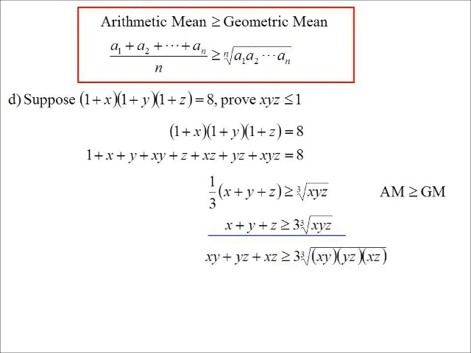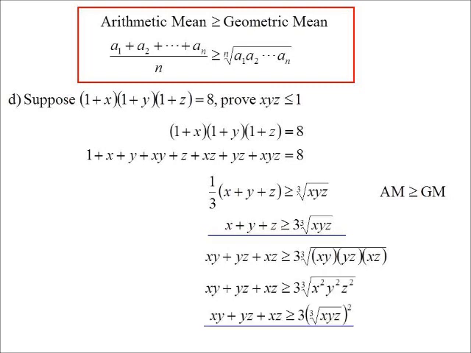So instead of x I'm going to have xy, instead of y I'm going to have yz, instead of z I'm going to have xz, which means on the right hand side I'll have the cube root of xy times yz times xz. They're just pronumerals. I can replace x with xy, that's fine. So we get 3 times the cube root of x squared y squared z squared.